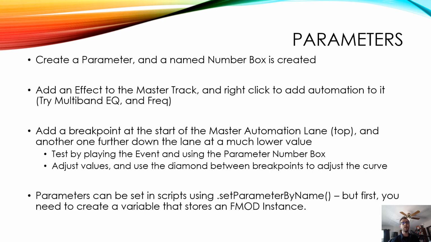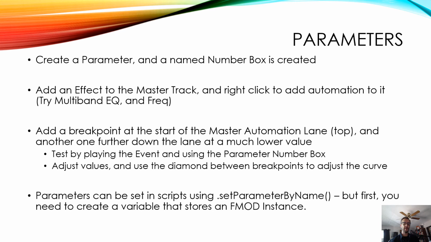So create a parameter, and it will create a named number box of that parameter. And we will look at this in class quite a bit because it's a lot of fun. But then you can add effects to the master track and right-click to add automation to it. And then in the parameter, we can start editing that automation. So let's do something really basic in class, like we'll add an EQ and then change the frequency.